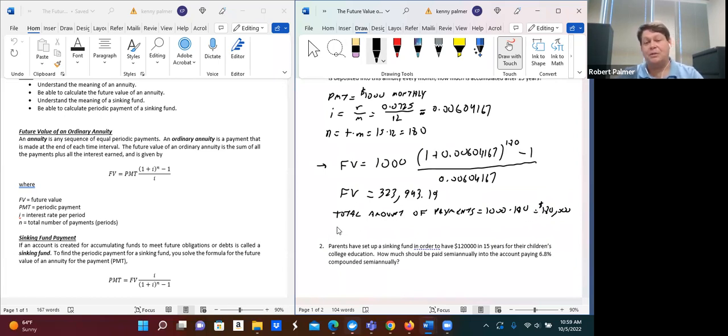So then the interest is equal to the future value minus the payment total, which is going to be 323,943.19 minus 180,000.